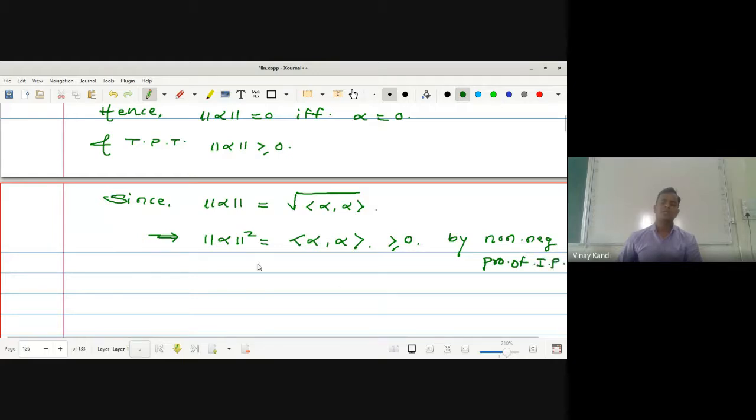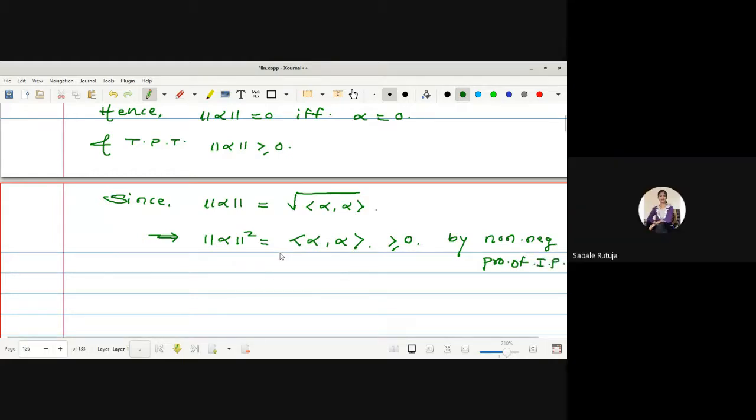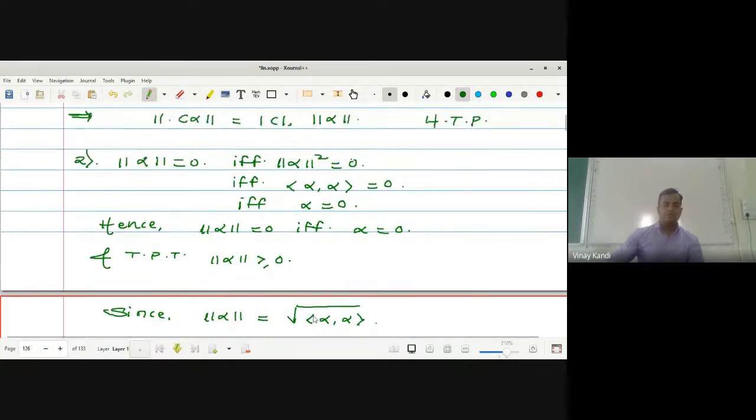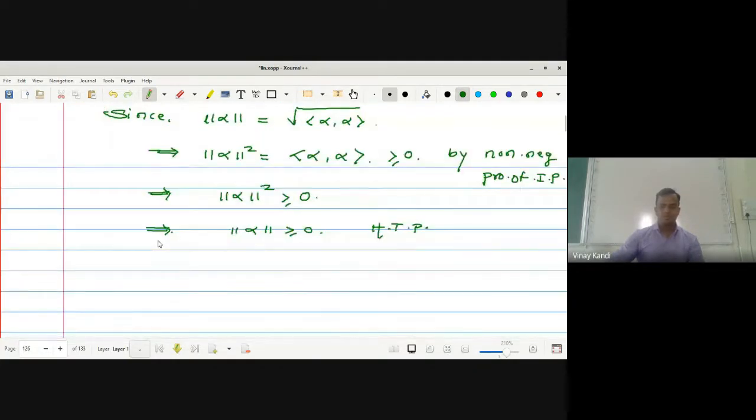Is it correct? Yes, sir. So this implies norm squared of alpha is greater than or equal to 0. By taking square root on both sides, norm of alpha is greater than or equal to 0. Hence the proof. Any doubt?